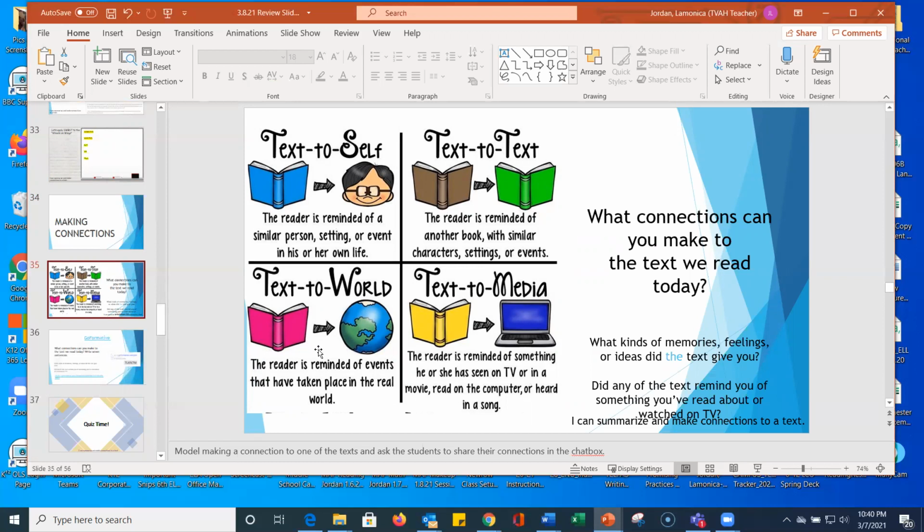Text to world is when you read a story and it reminds you of something that happened in real life, like history, or something we're studying, like global warming. Or text to media, something that you have seen on YouTube or TikTok or Facebook.